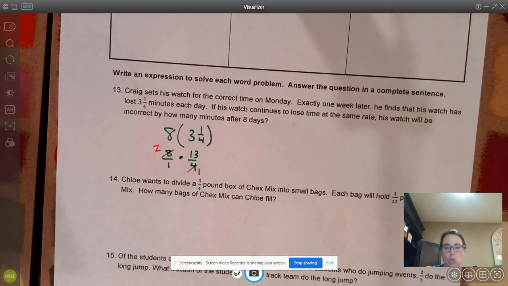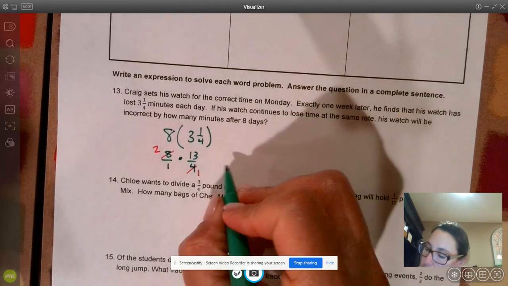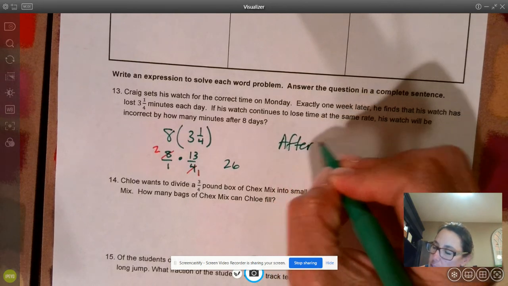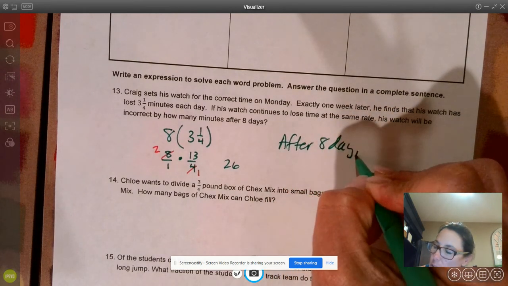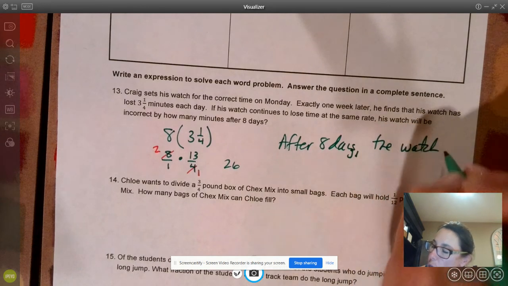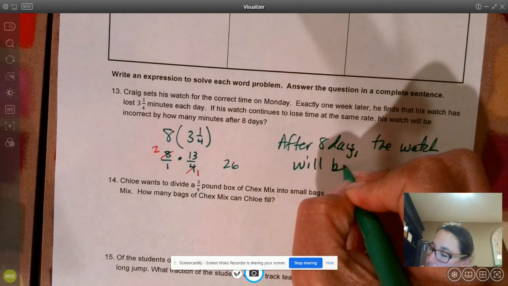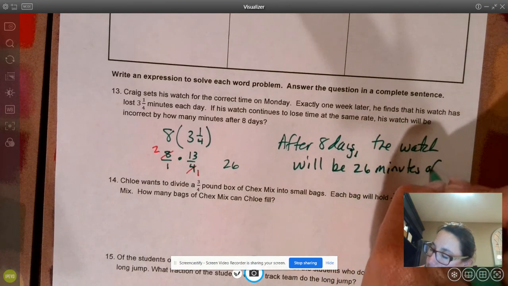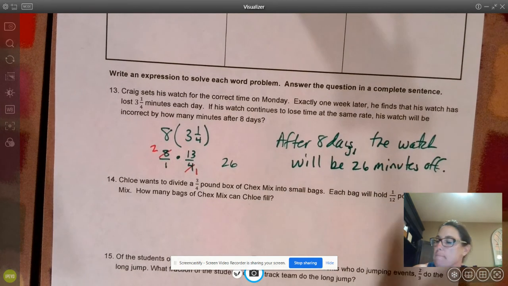So my answer is 2 times 13, 26 over 1. All right, so after 8 days, the watch will be 26 minutes off. Okay.